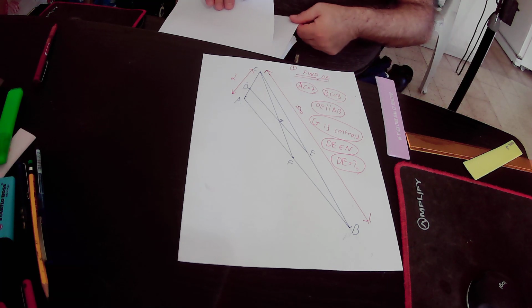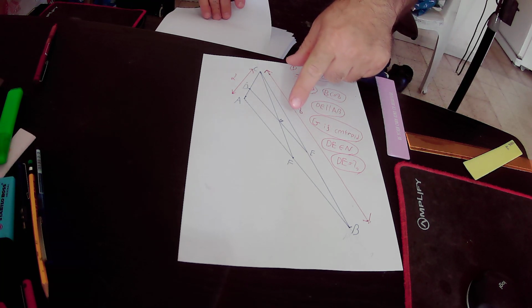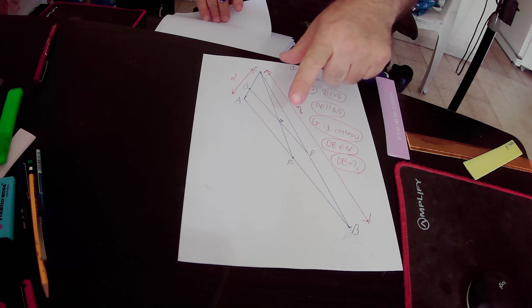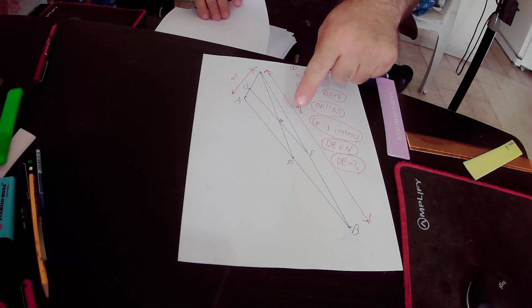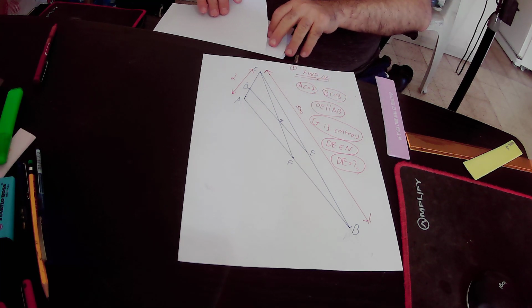In our triangle ABC, G is the centroid of triangle ABC.